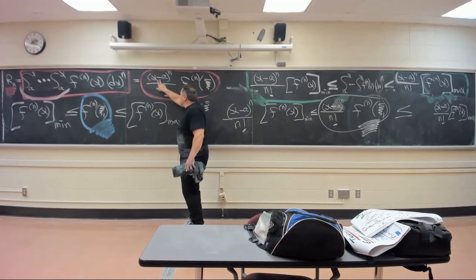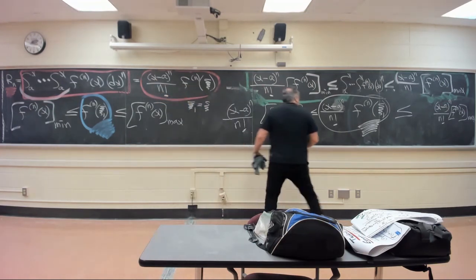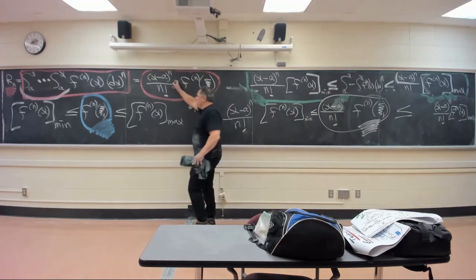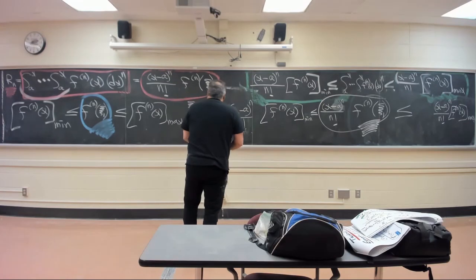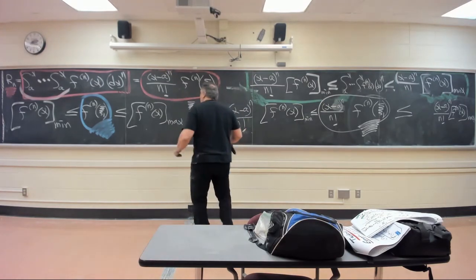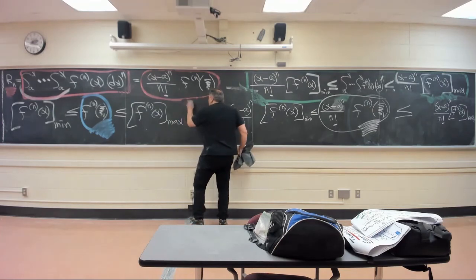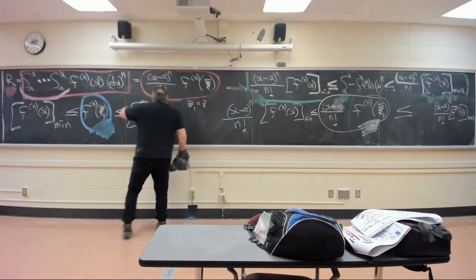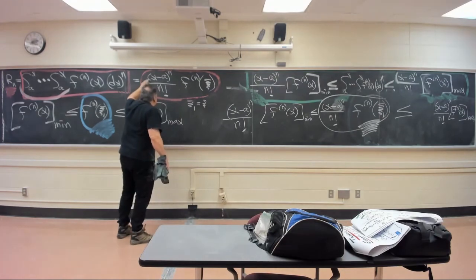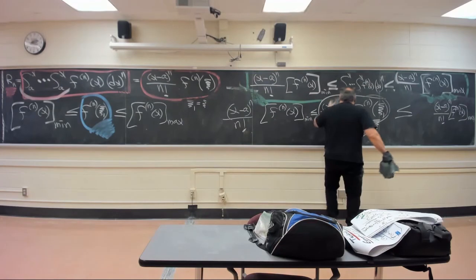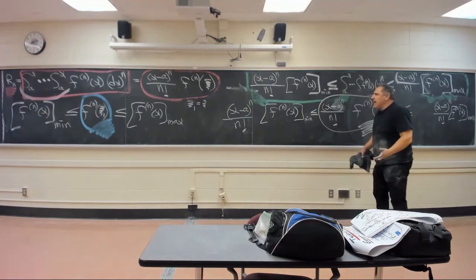Well, this x minus a to the n over n factorial is the same as, look at it, this right here. Basically we're saying they're equal. Psi sub 1 is equal to psi. The quantity x minus a to the n over n factorial and the quantity x minus a to the n over n factorial are the same thing.